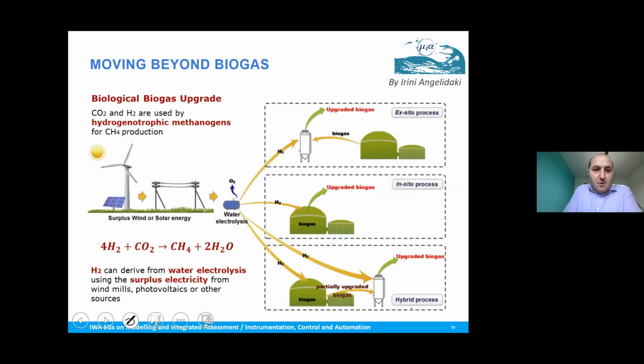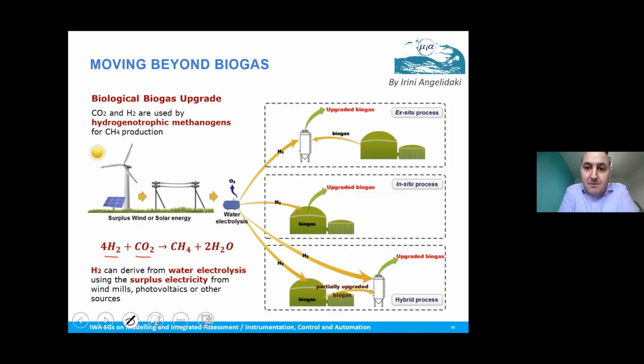She focused on one of the technologies she's working on more intensively at DTU, which is hydrogenotrophic biogas upgrading, based on reducing the carbon dioxide from biogas using hydrogen produced from water electrolysis, using the surplus of renewable energy.